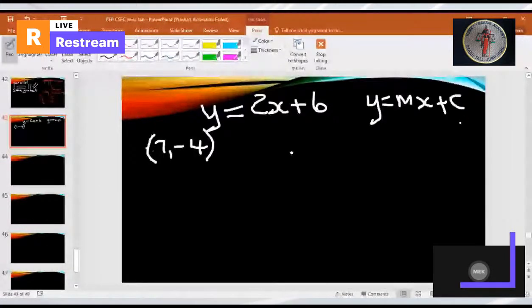Since this line is parallel to this line, they have the same gradient. The gradient of this line is 2, just like the other one. So we can use 2 as the gradient, plug in our x value and our y value, work out what c is, and hence find the equation of that line.